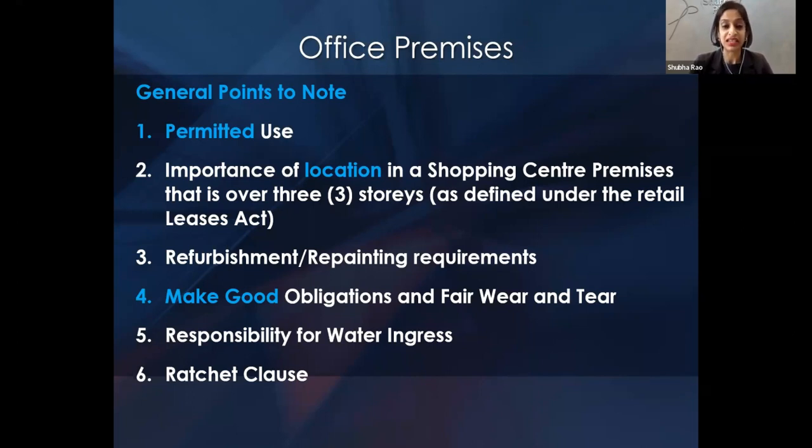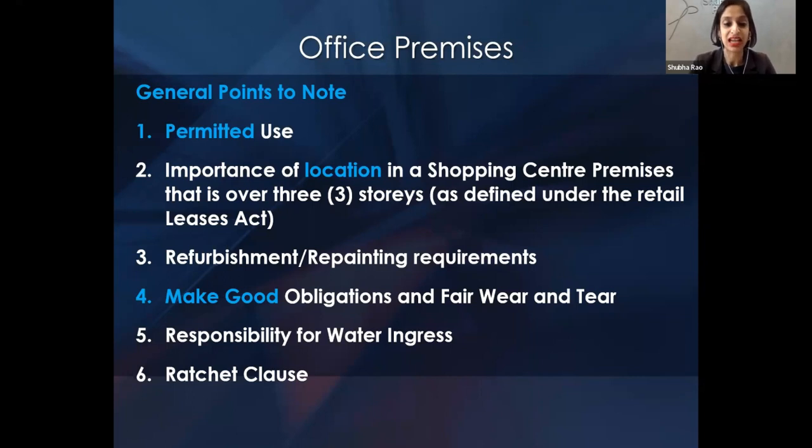So as a tenant, you might want to seek to extend the requirements for repainting. Normally in the leases, they have a 5 or 6 year time period where you're required to repaint or refurbish the premises. As a tenant, you might want to push out that time frame. As a landlord, you might want to try and keep to the standard time frame that's there.